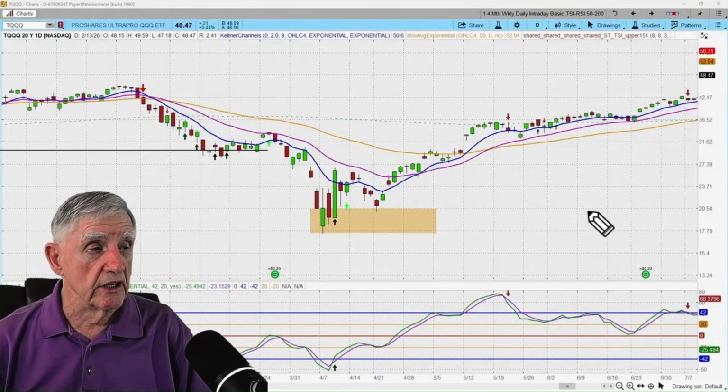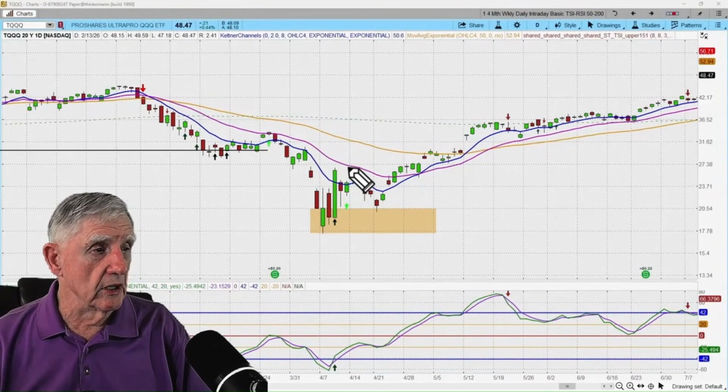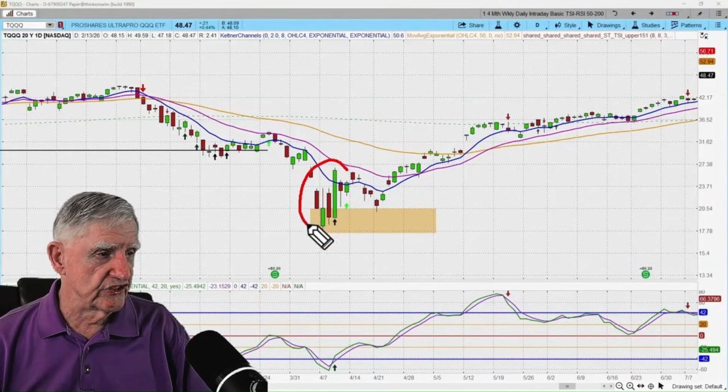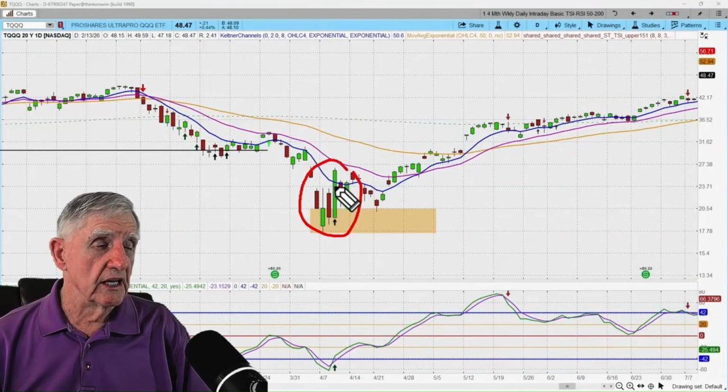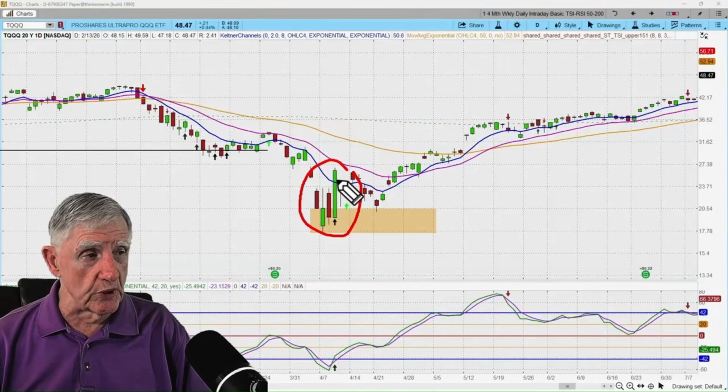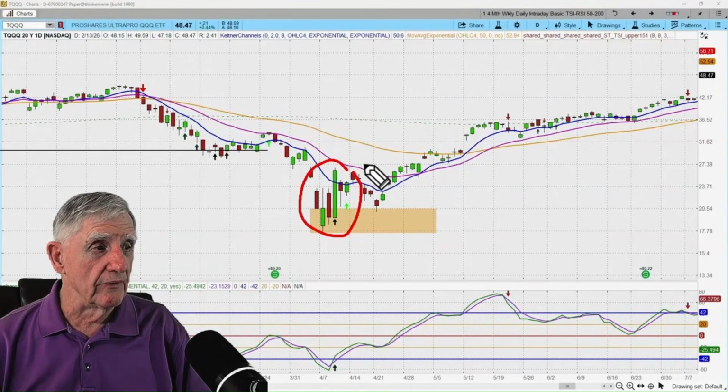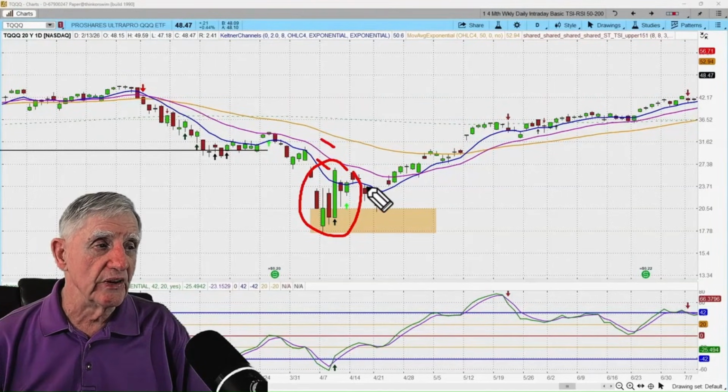Okay, in this specific bottom, I have my setup in that area right there. Notice, yes, we did close above the 8-day moving average there, which could be a trigger to the setup. However, I've got some things going against me. I've got all these other moving averages pointing down. So my moving averages haven't actually shifted yet.